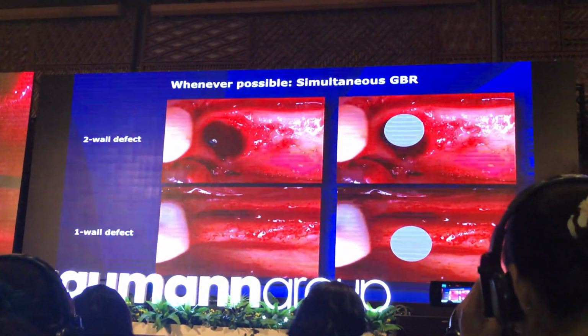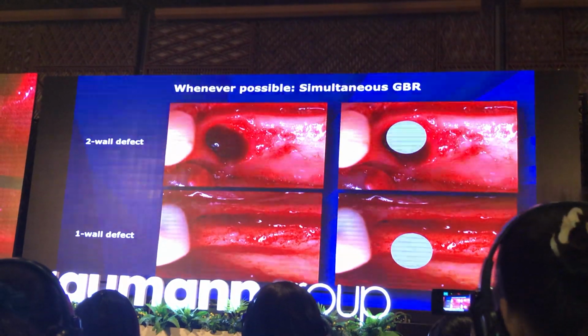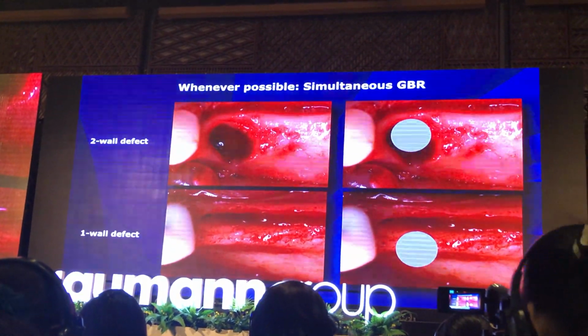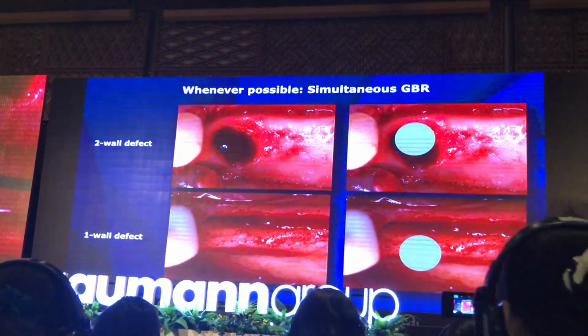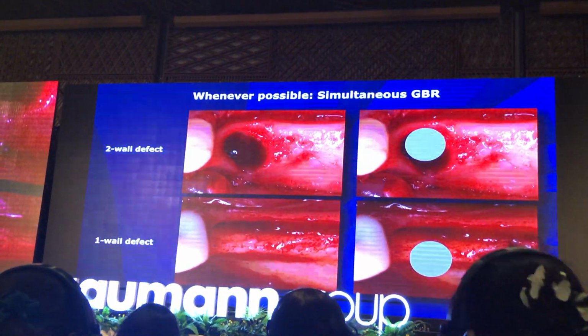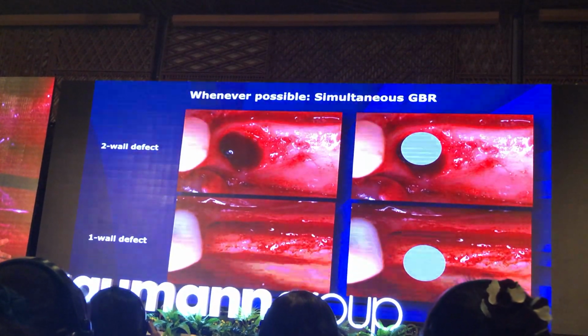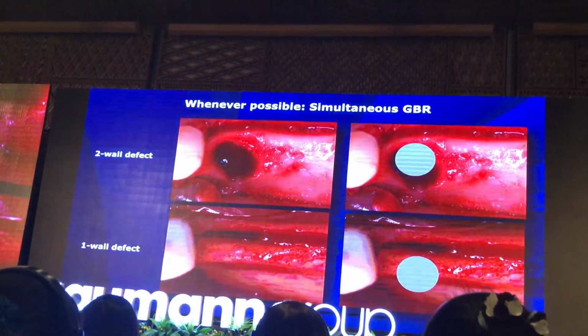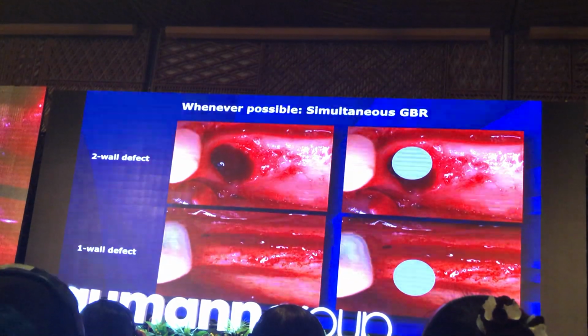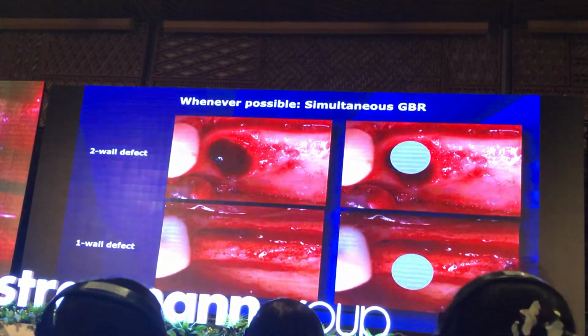When a posterior mandible is atrophied and we have about 3 millimeters of width, or 3.5 to 4 millimeters, then the resulting defect will be a one-wall defect, and then we cannot do a simultaneous GBR. Today I only talk about simultaneous GBR.